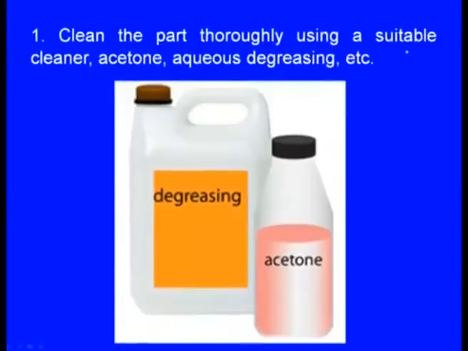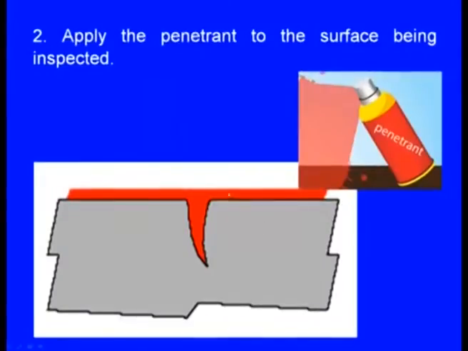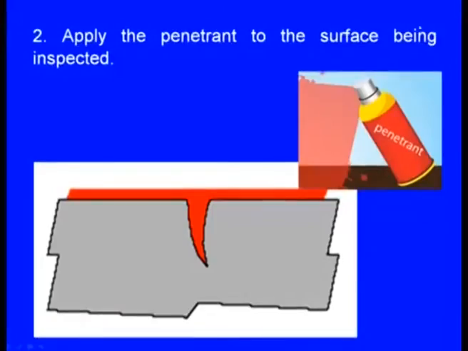First step is to clean the part thoroughly using a suitable cleaner, acetone, aqueous degreasing and so on. These are the reagents which are used to clean the surface very cleanly. No dirt should be there on the component. Second one, apply the penetrant to the surface being inspected. We have seen that we will be using three liquids which are available in some containers.